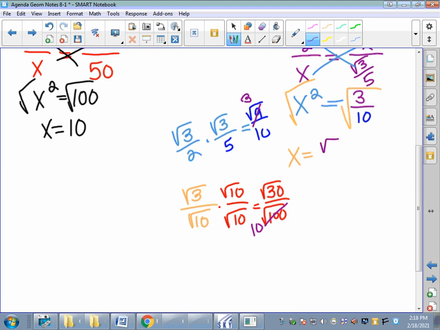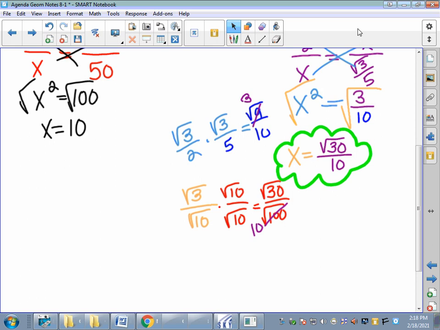I think we're just stuck with the square root of 30 over 10. Final answer. It's not pretty. If you were going to a decimal, if you were rounding, it would be approximately, I believe, 0.55. But I like the exact answer.